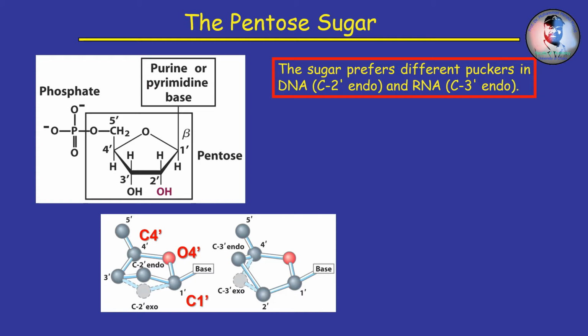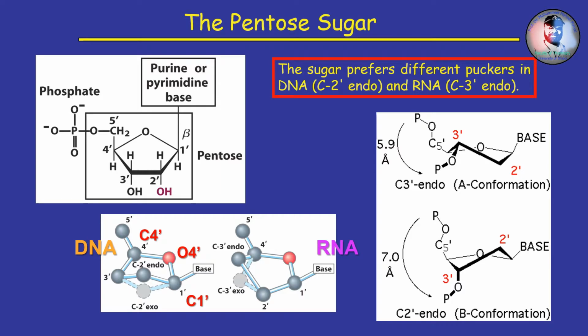Similarly, if the 3' carbon of a sugar is above the plane, then the conformation of that sugar is known as C3' endo conformation. The sugar puckers in DNA are predominantly in C2' endo conformation, that is, beta deoxyribose is present in DNA as C2' endo conformation, whereas the sugar puckers in RNA are predominantly in C3' endo conformation, that is, beta ribose is present in RNA as C3' endo conformation.